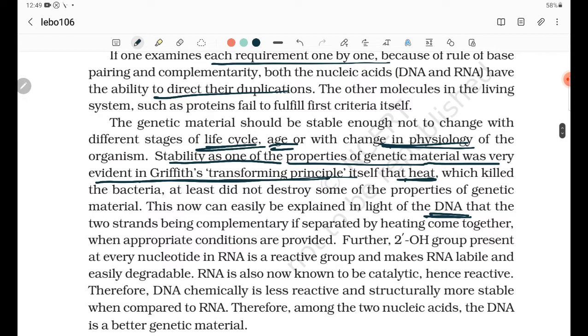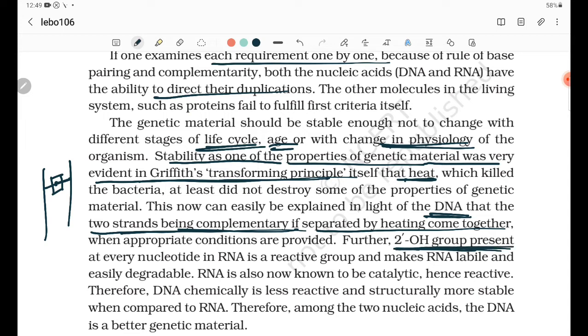Okay, this is explained in the light of DNA: first of all, the two strands of DNA are complementary. If separated by heating, they will come together. The two strands of DNA can be separated by heating, but since they are joined by hydrogen bonds, they will again come back. In RNA, a 2' OH is present, meaning the 2' carbon has an OH, and this makes RNA a reactive group.